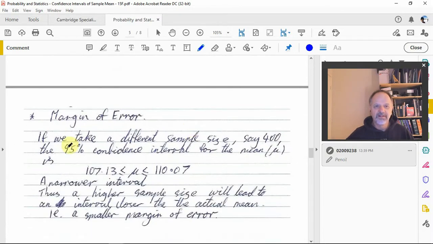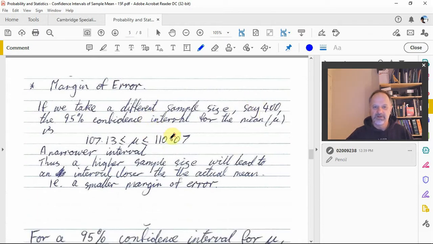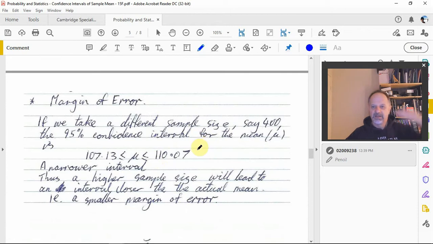If we take a different sample size, say 400, for this particular thing above, if instead of 100 we take 400, then here's our confidence interval. Our confidence interval for that is 107 to 111. So that interval has come in. It was 105 to 111-ish, and now it's 107 to 110.